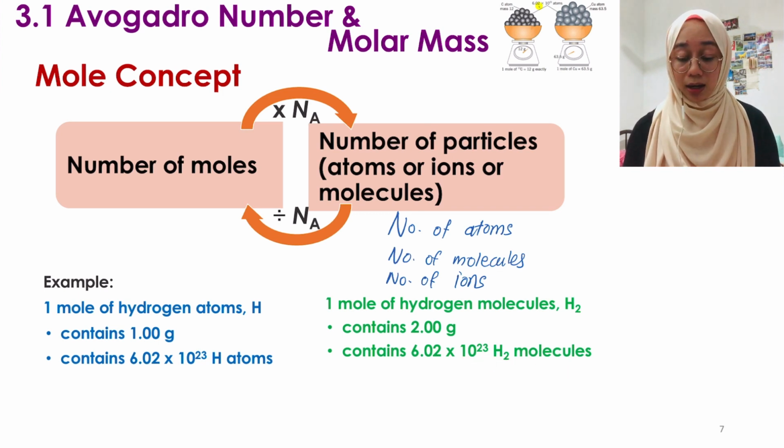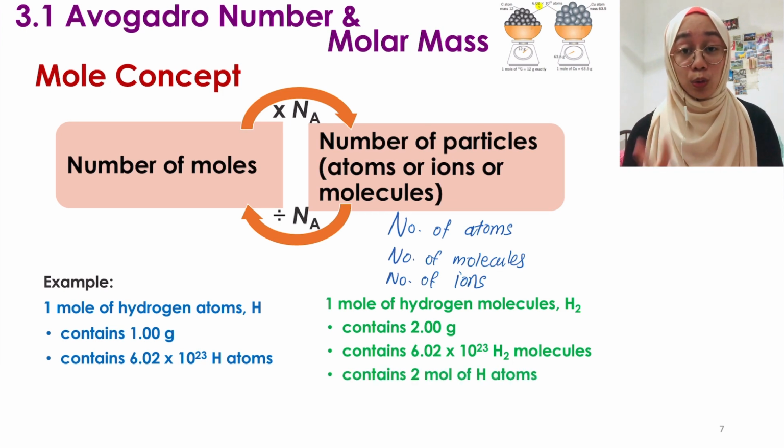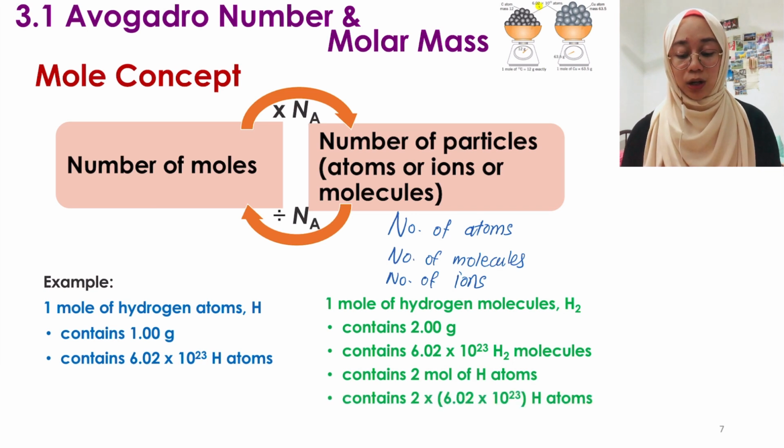Okay, but then keep in your mind that dalam kita punya hydrogen molecule ada berapa banyak hydrogen atom? So it contains 2 mole of hydrogen atoms. Okay, 2 mole of hydrogen atoms. So that is why bila kamu nak kena kira number of atom pula kelas, number of atom, so kamu kena darab dengan 2 dekat sini.